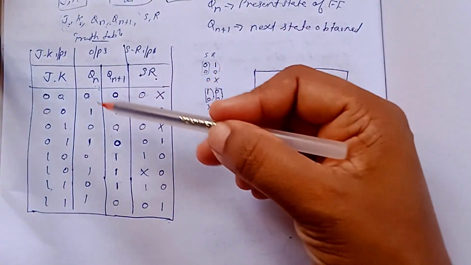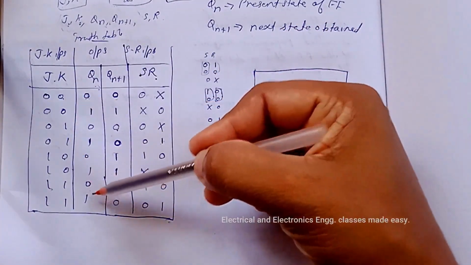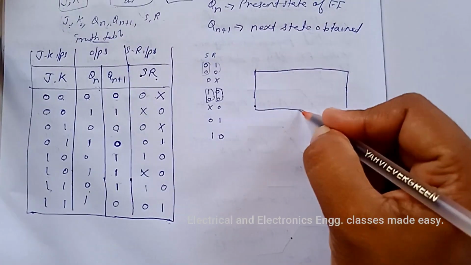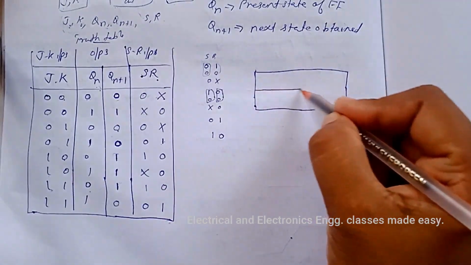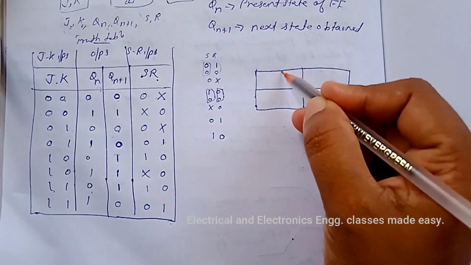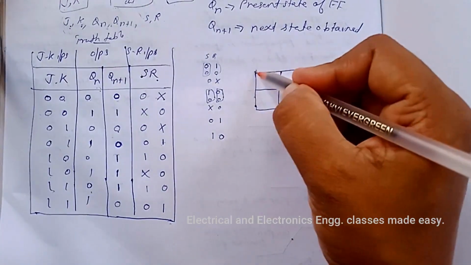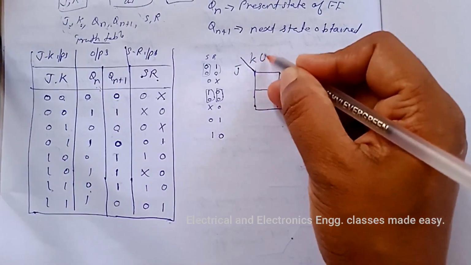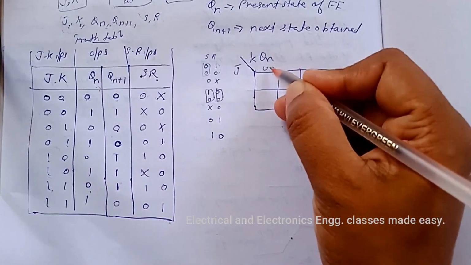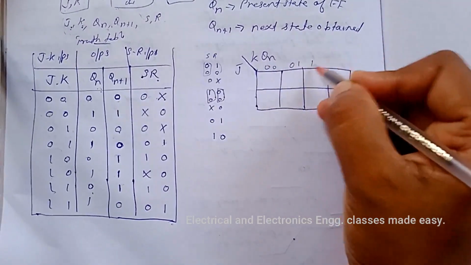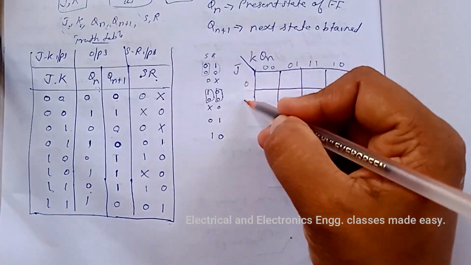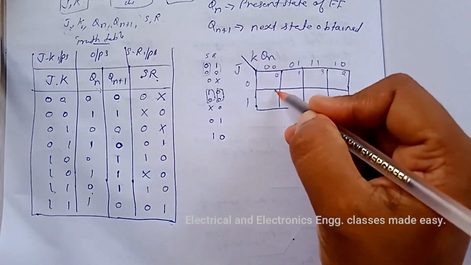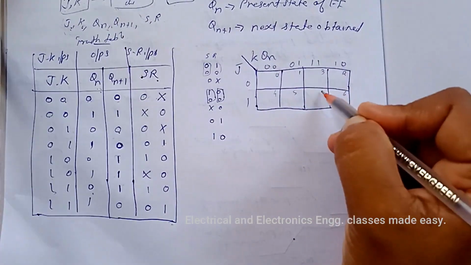So this is 8 combinations, that is the K map will be 3 variable K map with inputs J, K and Qn, 0 0 0 1 1 1 1 0 and 0 1, 2 3, 4 5 6 7.